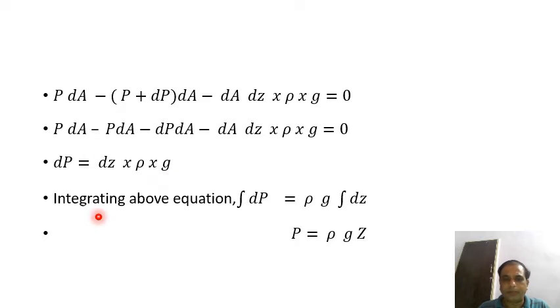If you integrate this equation, we get P is equal to rho g Z. Okay, this is the pressure at a point, where rho and g are constant. Rho is the density of fluid, g is acceleration due to gravity. Both are constant. Only P is directly proportional to Z. As Z increases, depth increases, pressure is going to increase.